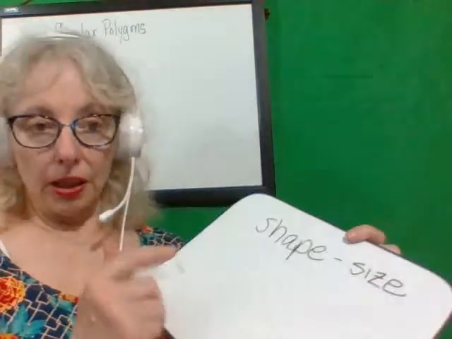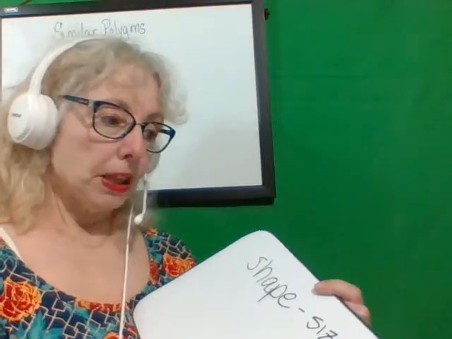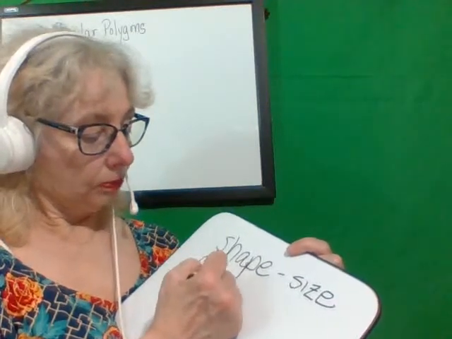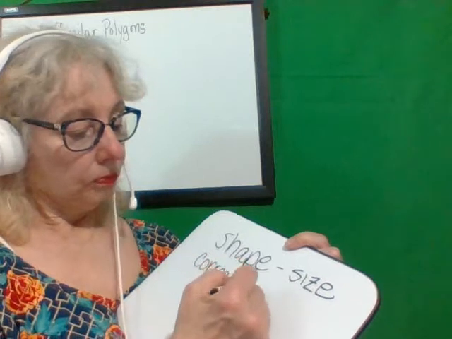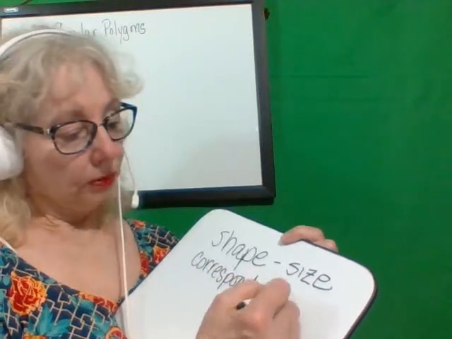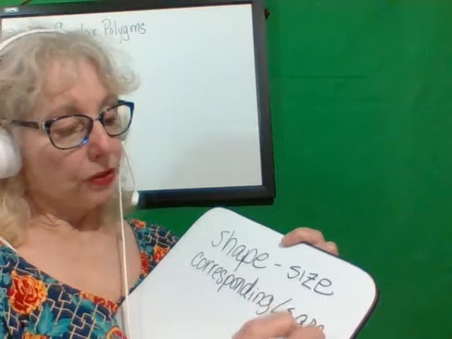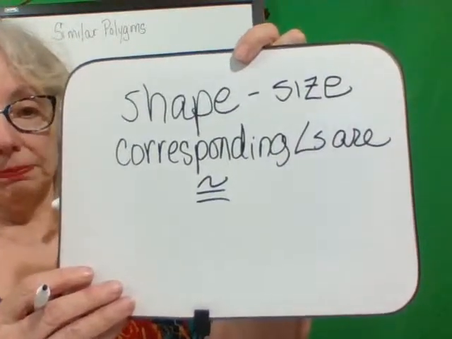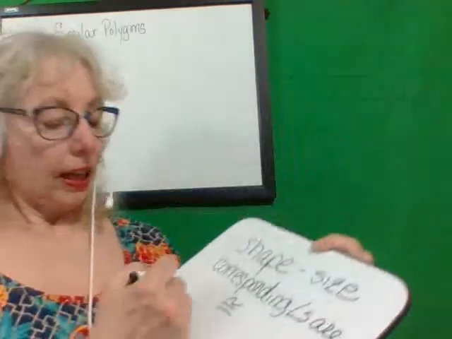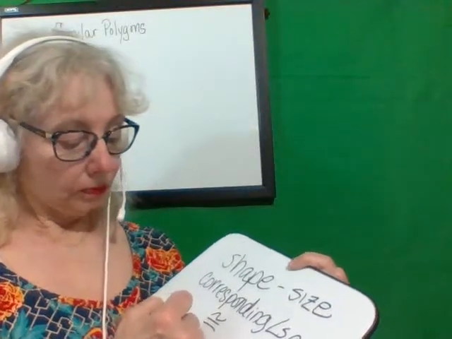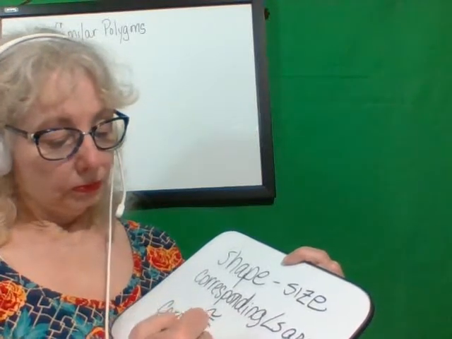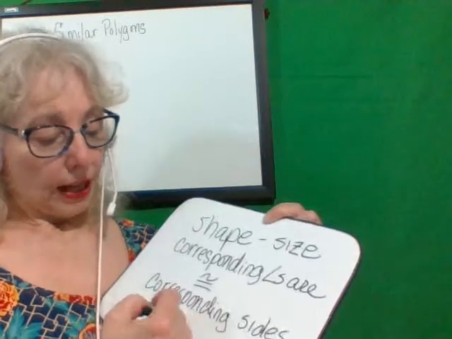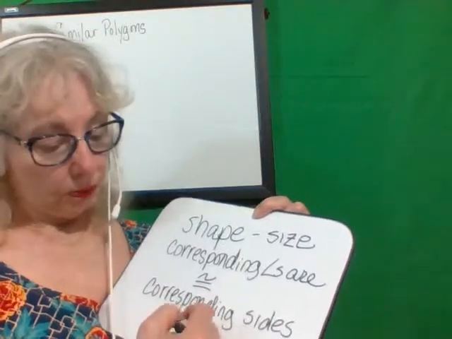The other thing is that for them to be similar, the corresponding angles have to be congruent, and the corresponding sides have to be proportional.